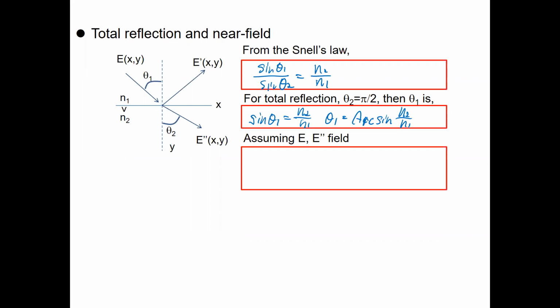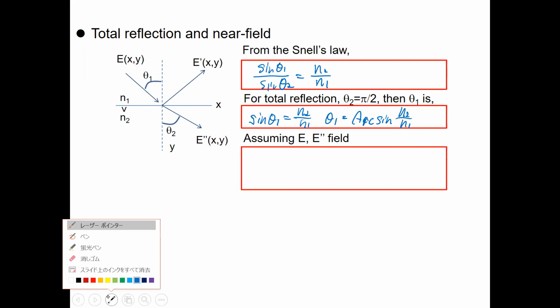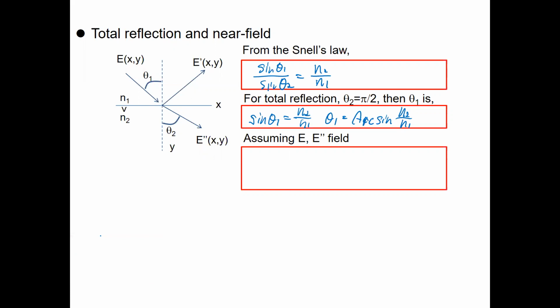Now we are thinking about the electric field for the incident light and the transmitted light, E and E prime. We assume the wave vector of this one is k, and this wave vector is k prime.